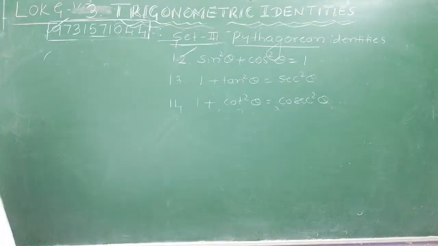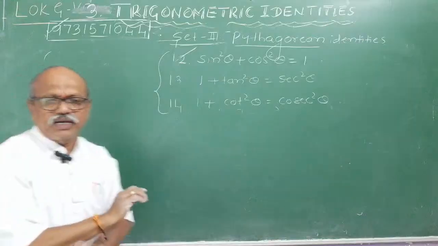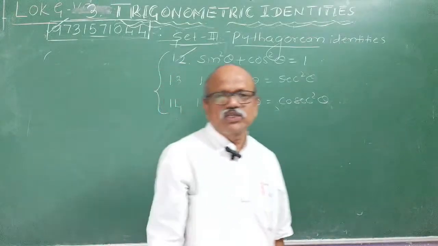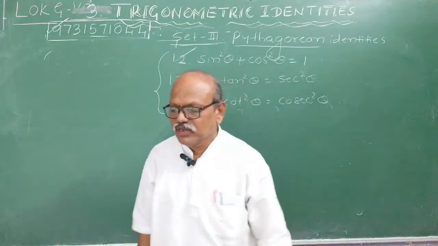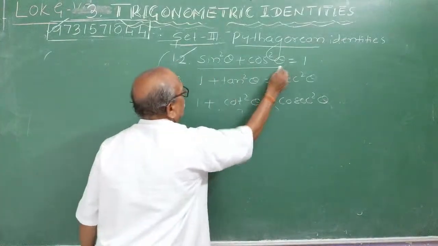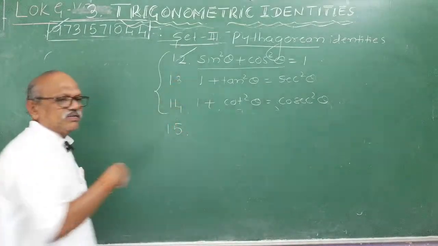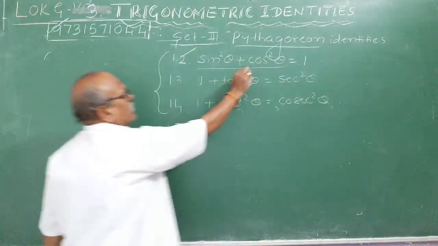Continue now. Now, if you only remember these 3 identities, that is useless, you can't manage theory questions as well as multiple choice questions. Now I will generate a derived formula of sin square theta, cos square theta. Continue now. 15th. Make them as separate identities. Now you take cos square theta to the right.